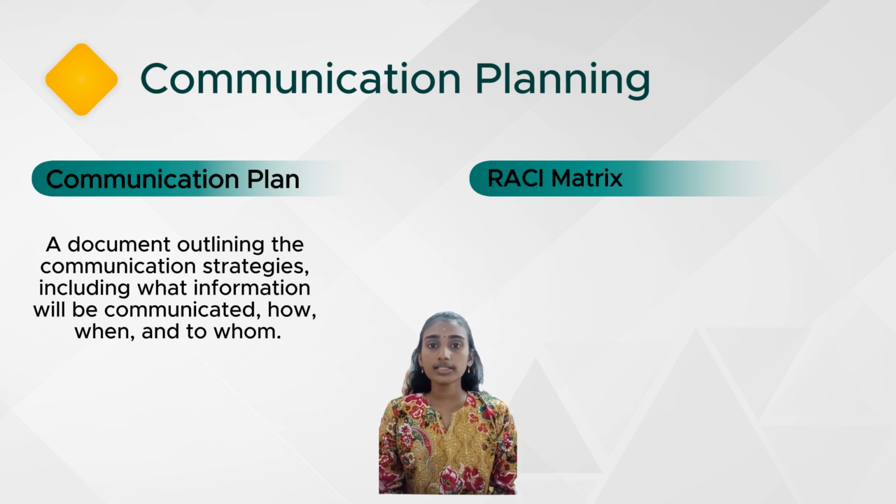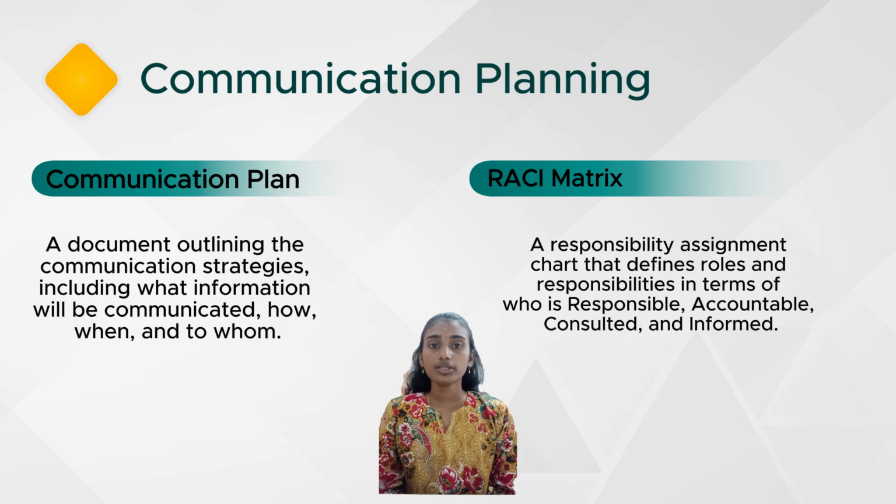Additionally, the RACI matrix is a valuable tool in this phase. It stands for responsible, accountable, consulted, and informed, and it helps to define the roles and responsibilities of different team members in terms of communication. This clarity prevents overlap and gaps in communication.